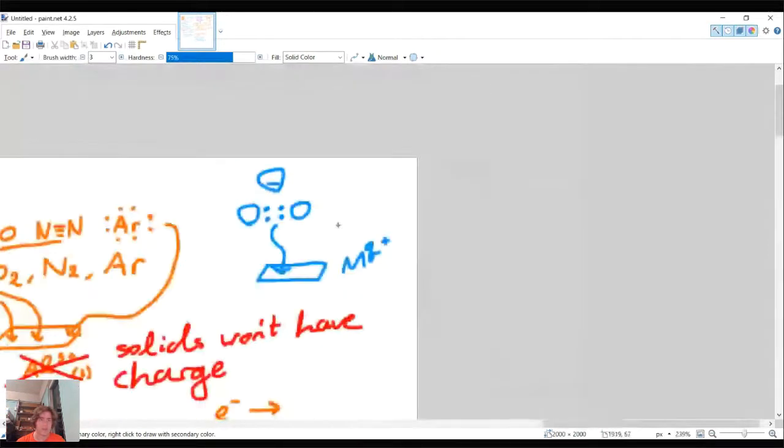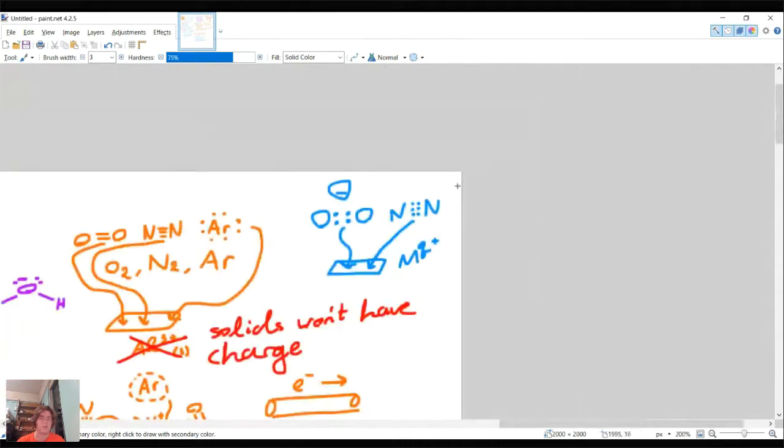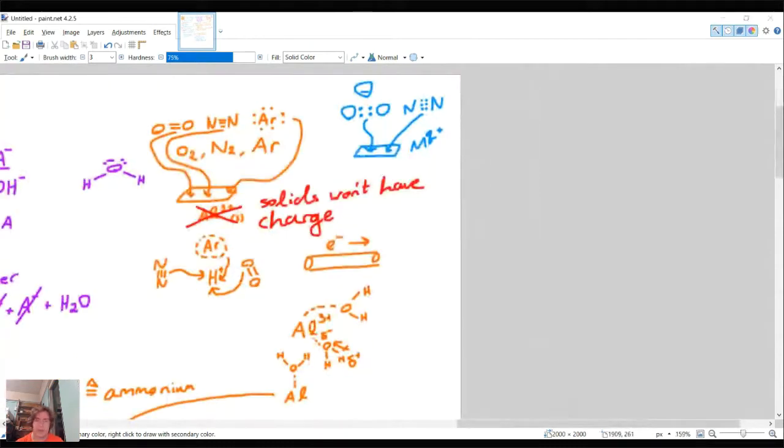And in the same case with nitrogen, there's 3 bonding pairs, so it's even more electron rich in that region, and that can also attack the species and make it effectively neutral. Does the solid part make sense? It's just opposites attract, pretty much, in a nutshell.